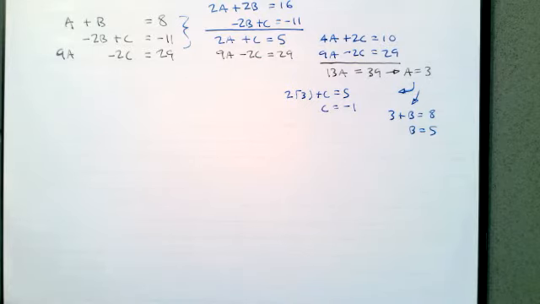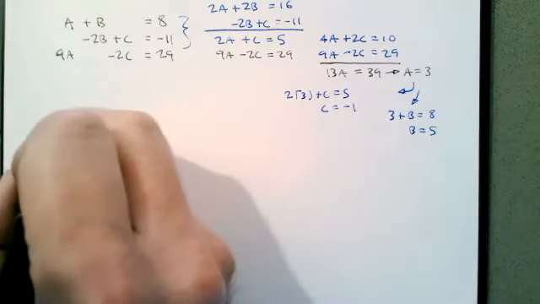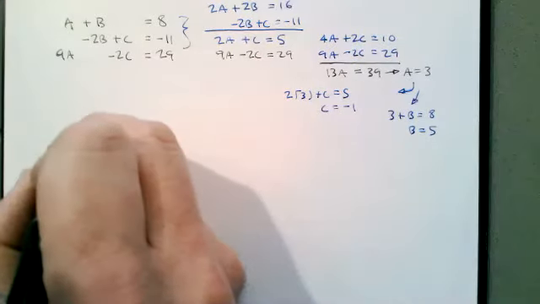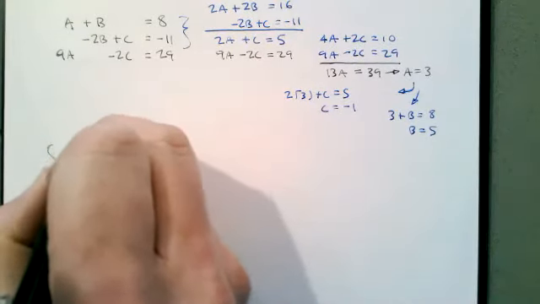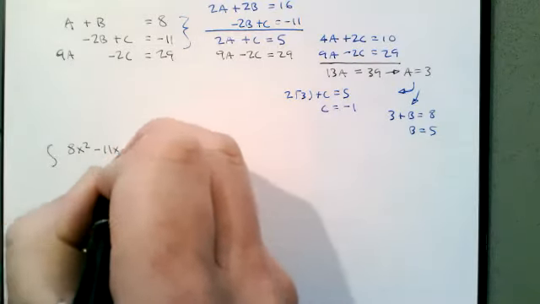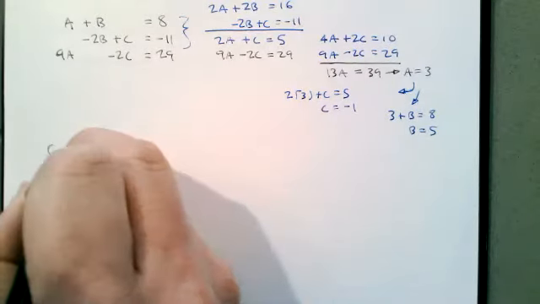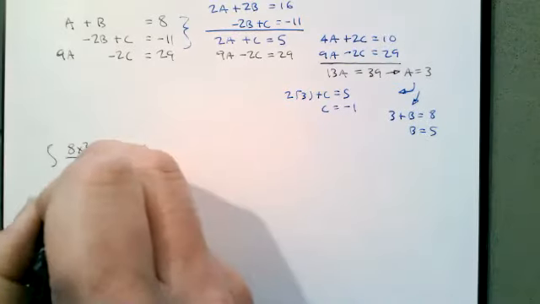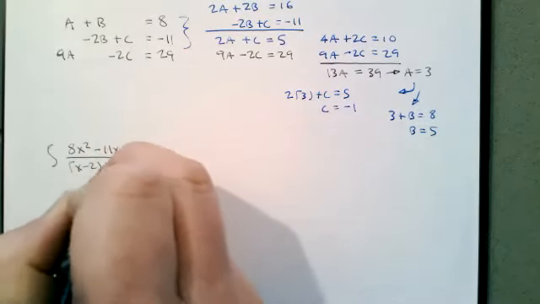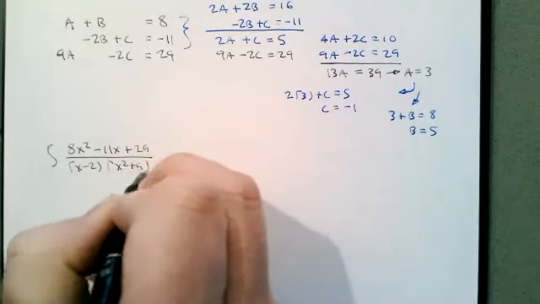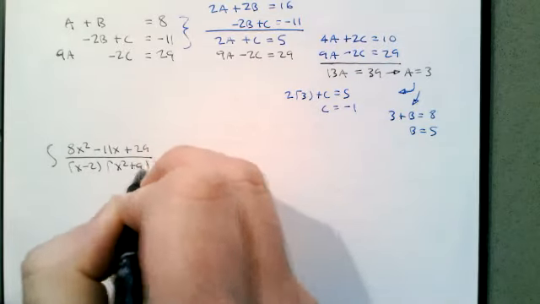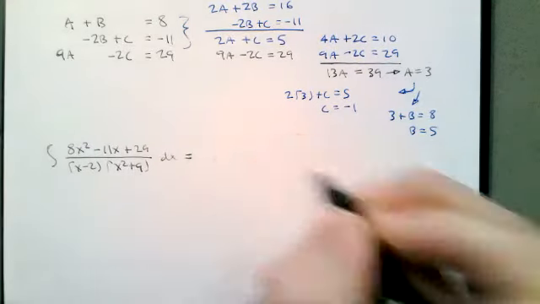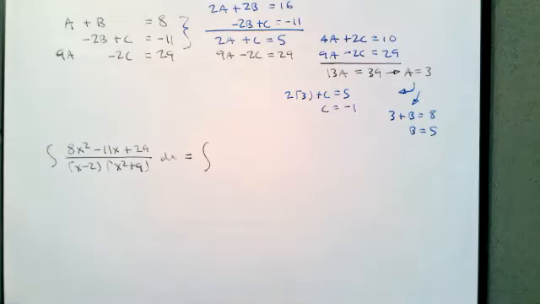So let's go back and remind ourselves what we were trying to integrate in the first place. We want to integrate 8x squared minus 11x plus 29 over (x minus 2) times (x squared plus 9) dx. Now I've got to remember which one is which.